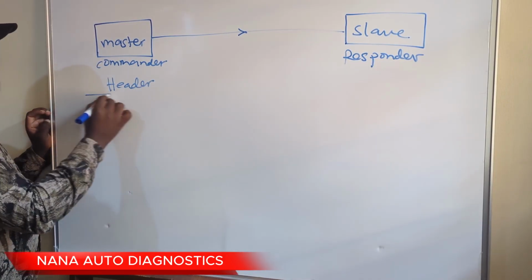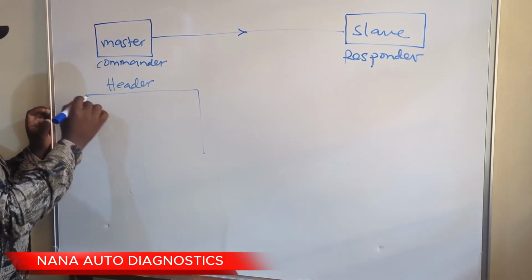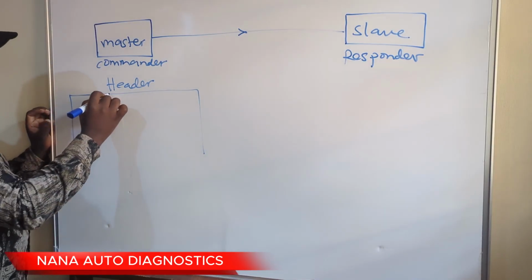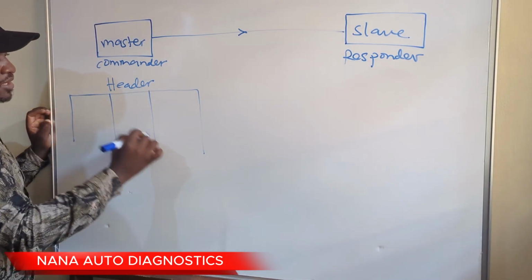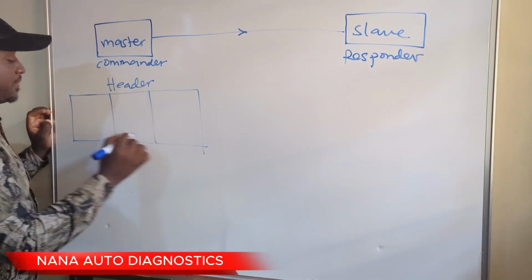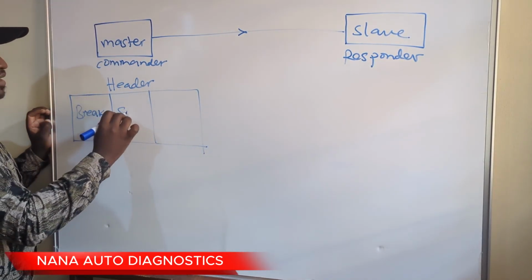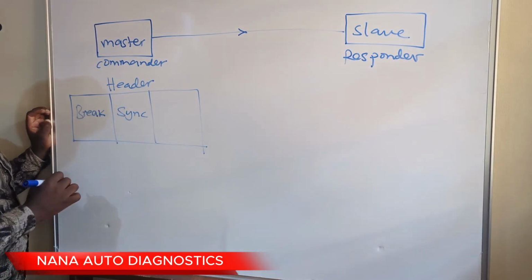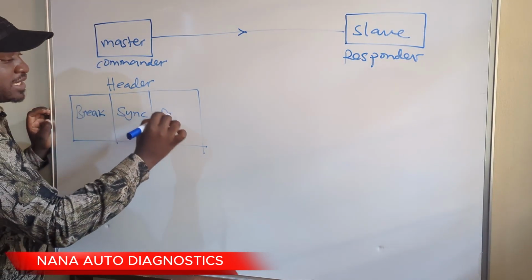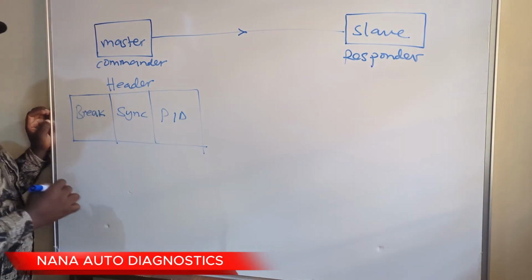And this is made up of 3 sections, which include the break field, the sync field, and also the protected identifier field.